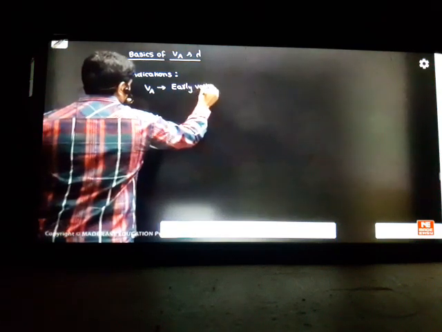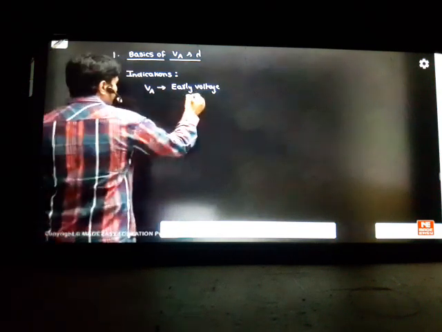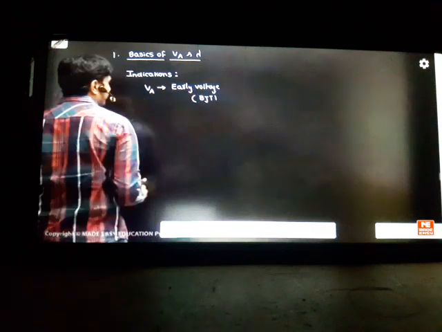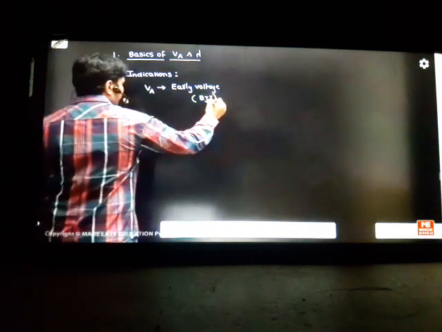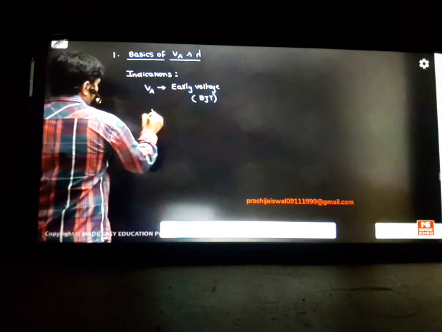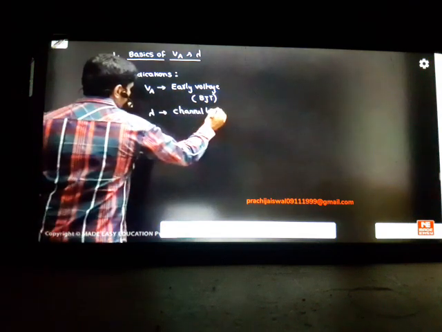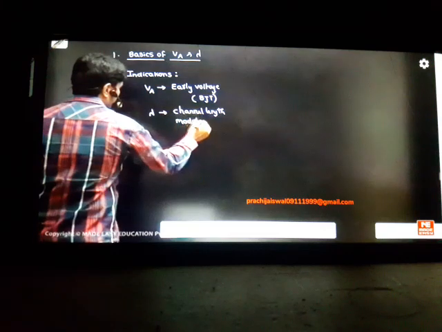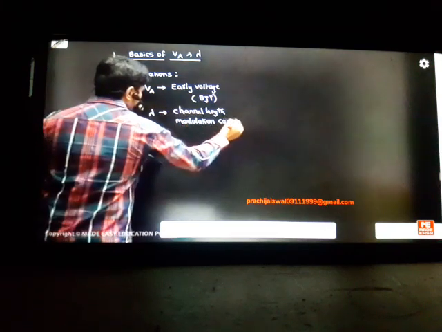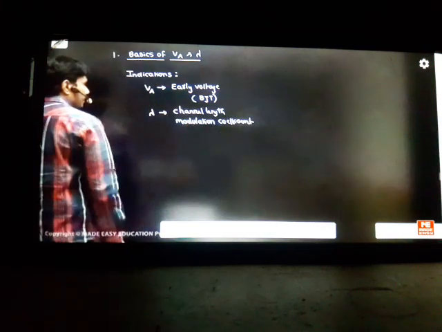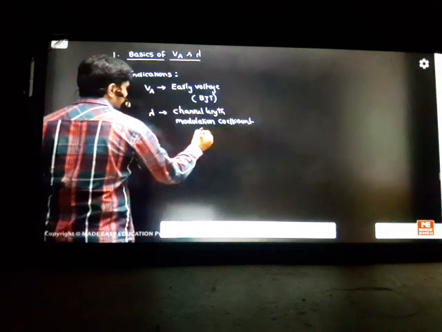Generally this letter VA is used to represent BJT devices. Early is a scientist who had a mechanism with BJTs. And lambda is called the channel length modulation coefficient, which will come in terms of MOSFET.